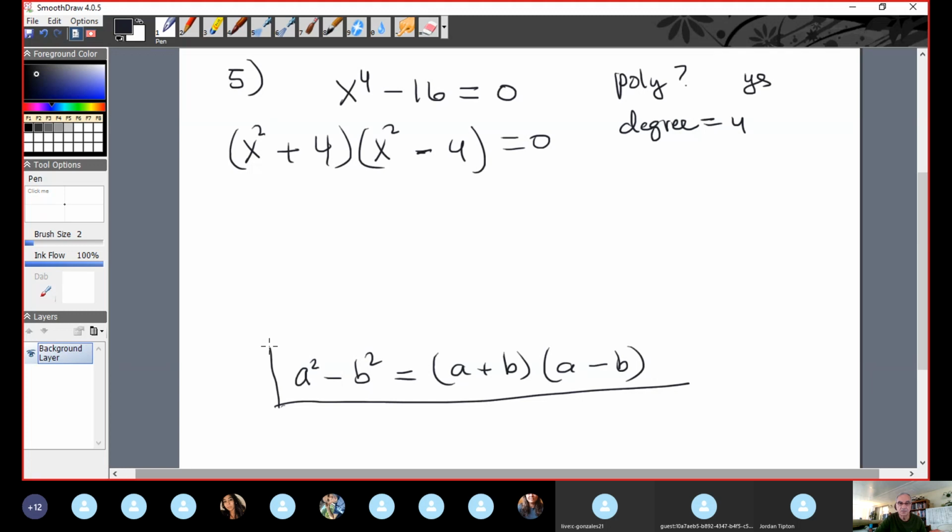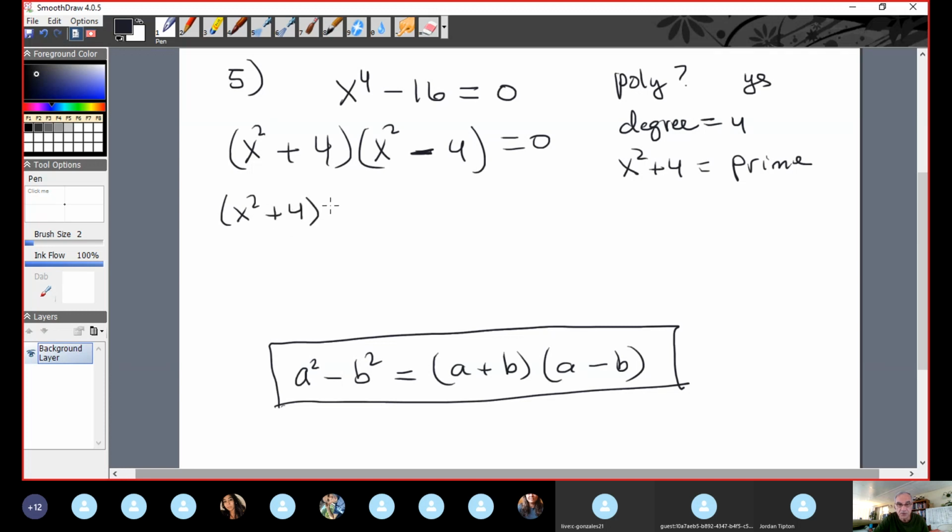But did I finish? No. Why not? Because I need to continue the factorization. This expression is prime because it's a sum. A sum of squares is prime. But this one is not. This is a difference of squares. And one more time I factor using the same formula in 2 pieces. The square root of this term is x, the square root of 2 plus or minus.